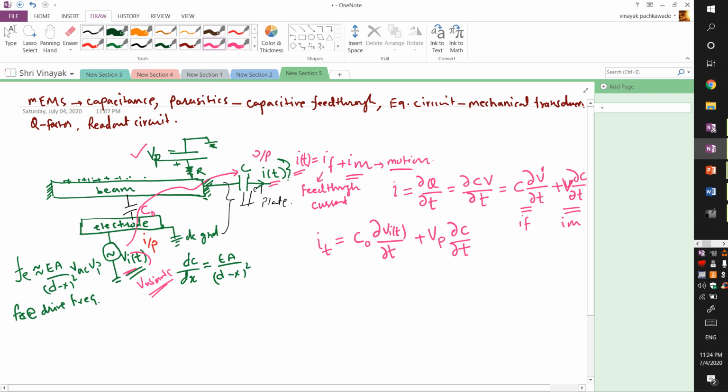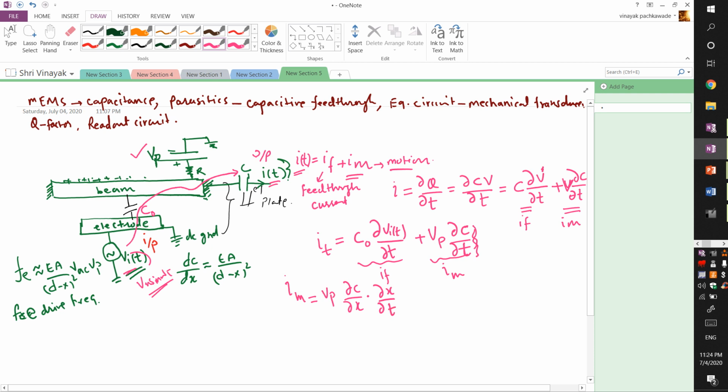So furthermore, this is I_F and this is I_M, due to motion. So we can write motion current as Vp times dC/dt, the derivative of capacitance with respect to time, which can be written as dC/dx into dx/dt.